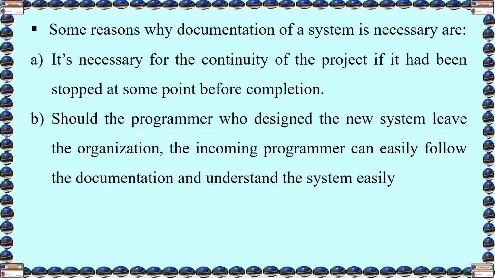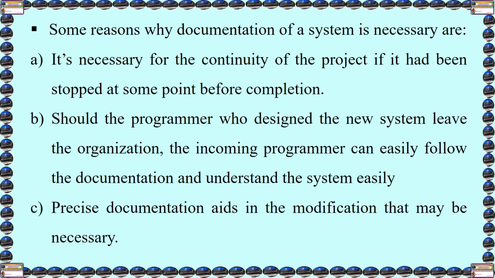And therefore, the programmer who developed the new system, when he or she leaves the organization, does not go with the system or the knowledge. Everything is left documented so that any other programmer can follow that documentation, understand the new system, and even be able to make changes to it.